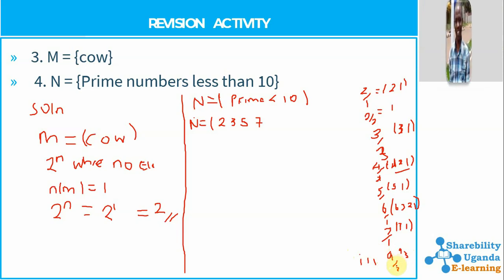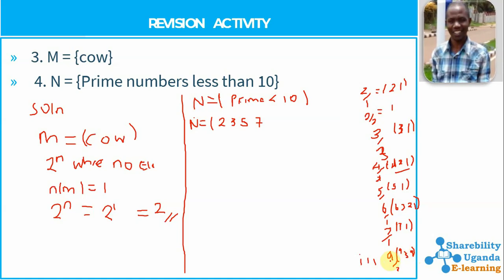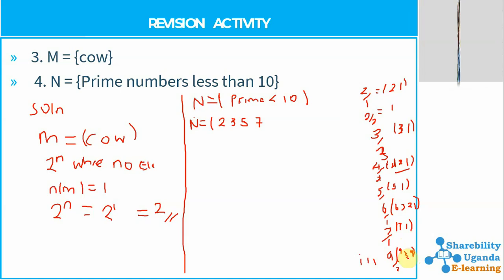Then 9 divided by 9. So we can see that our 9 is also having a factor, that is 1. We have 3 and 9. Okay, so these are factors. You can see that it is having more than what? More than two factors.